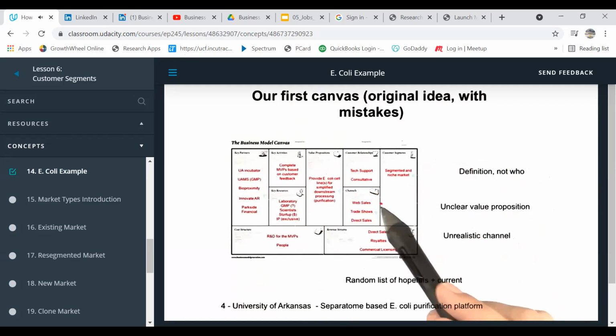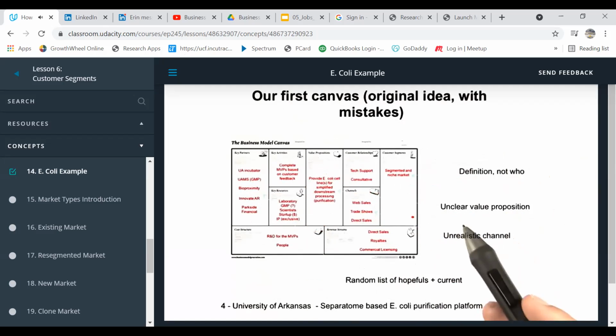And their channels, when they said web sales and trade shows and direct sales, in hindsight, looked pretty unrealistic. And for partners, they just said, well, when we look at it now, it really kind of looks like a random list of hopefuls. So let's see how they got from something that started over here, which you shouldn't laugh at because your first canvas might look like this, and what happened after they got out of the building.